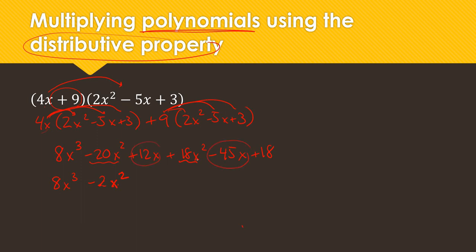Positive 12x minus 45x, that's negative 33x, and then I have a constant at the end, plus 18. Sorry, my pen's causing me some trouble. All right, so again, distributing the 4 over everything and the 9 over everything, and then combining like terms.